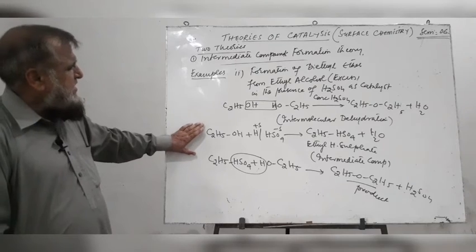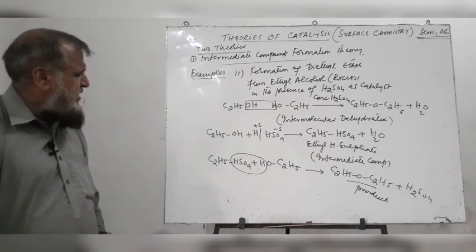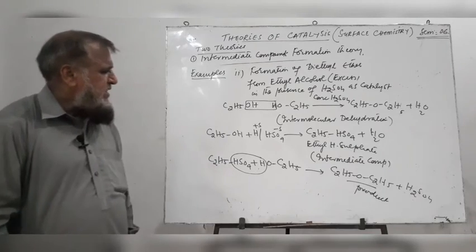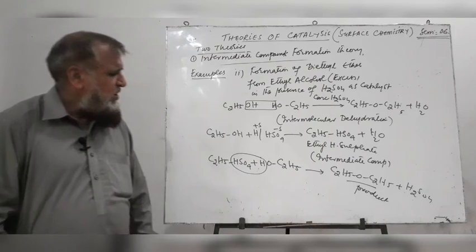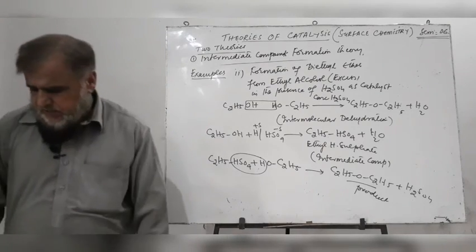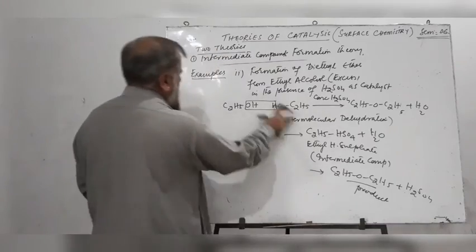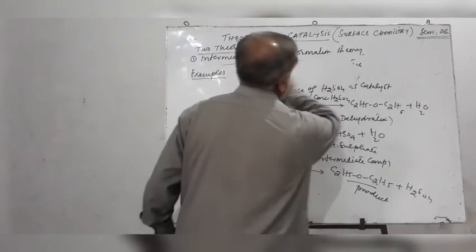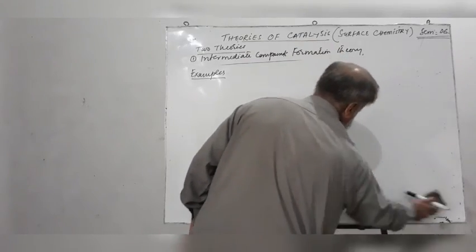Now in this case, in the first step, intermediate compound ethyl hydrogen sulfate is formed, and in the second step, ethyl hydrogen sulfate then reacts with another molecule of ethyl alcohol to produce diethyl ether. We can also explain the Friedel-Crafts alkylation of benzene in the presence of aluminum chloride as catalyst.